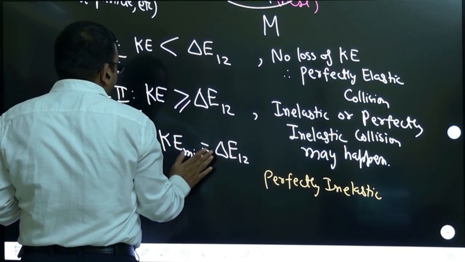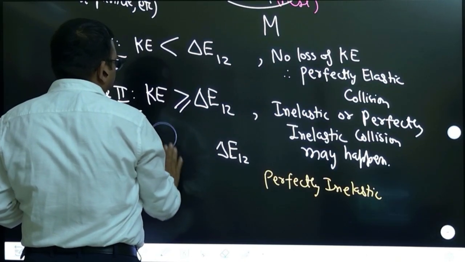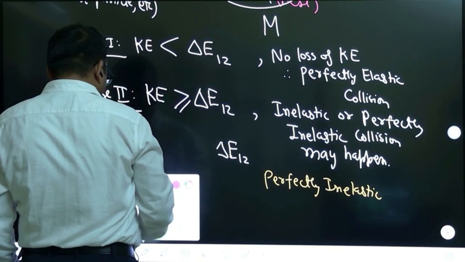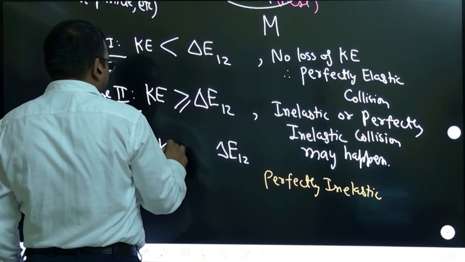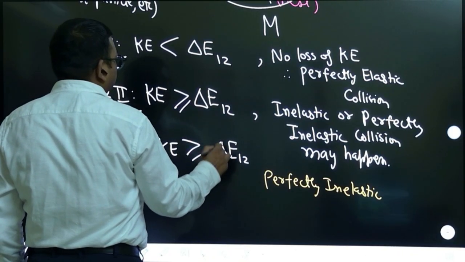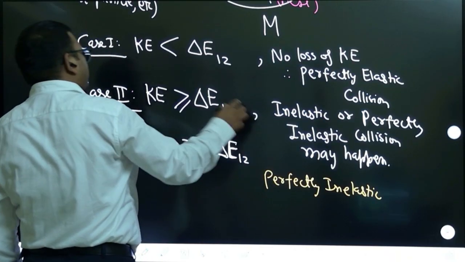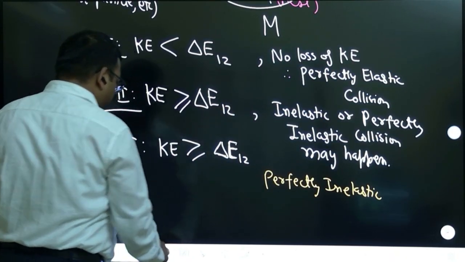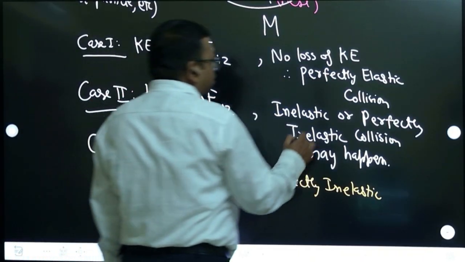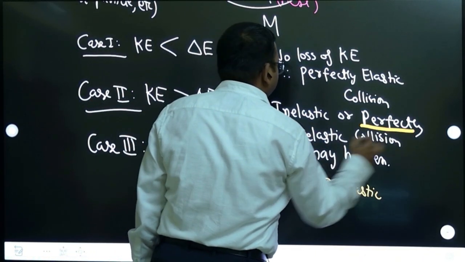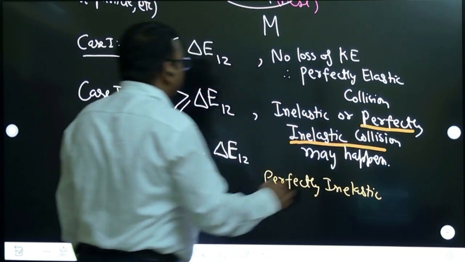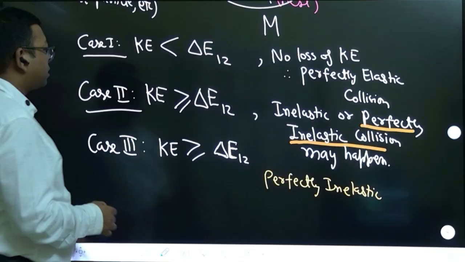Now we have to consider kinetic energy greater than or equal to. This case is also included in that. In that case, we are now separately taking this case of the perfectly inelastic case.